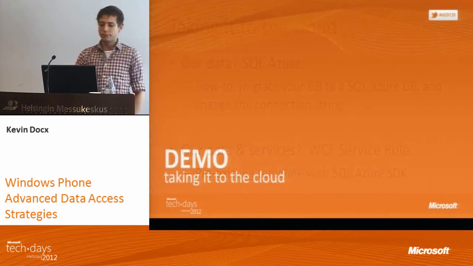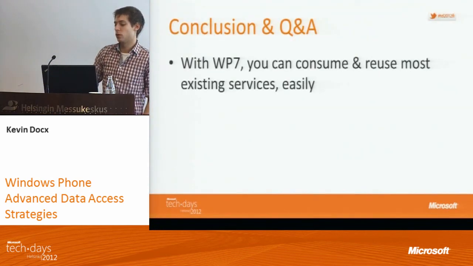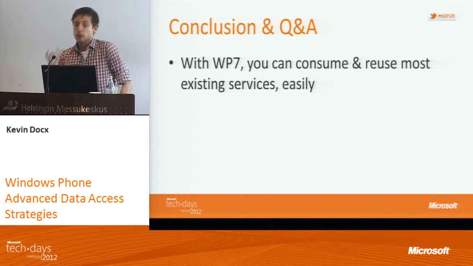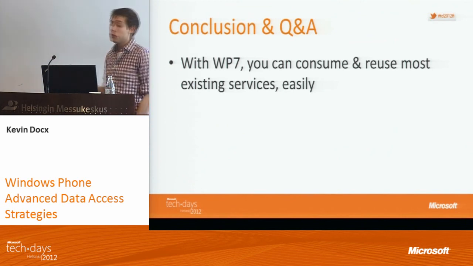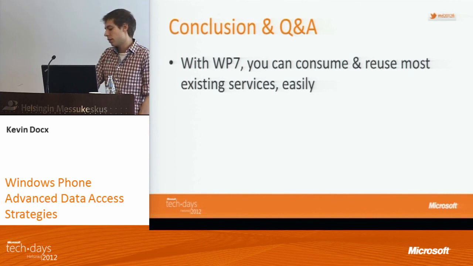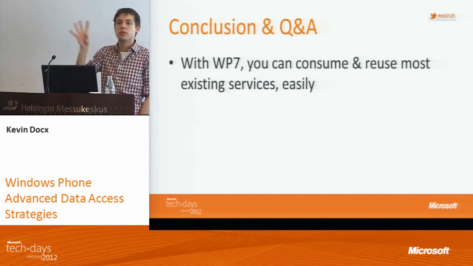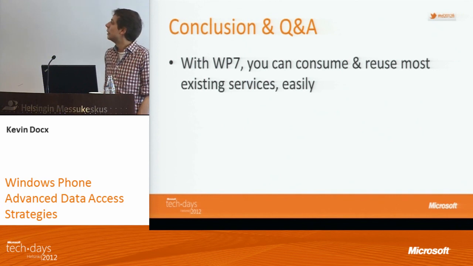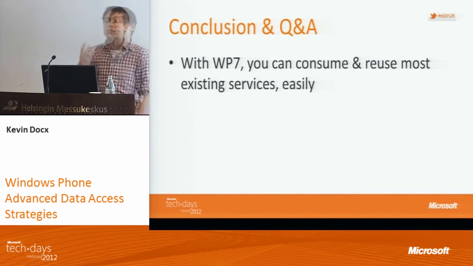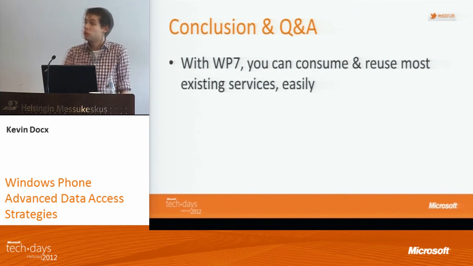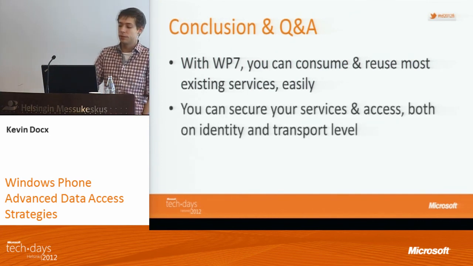Okay, so with Windows Phone 7 you can consume and reuse most existing services quite easily. I've specifically tried to show you the 3 different types of services to show you that Windows Phone actually supports the reuse of those. You'll probably already have applications up and running.